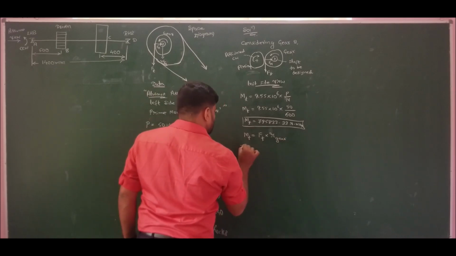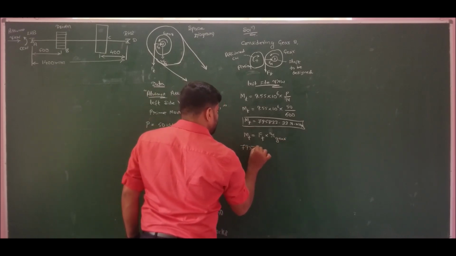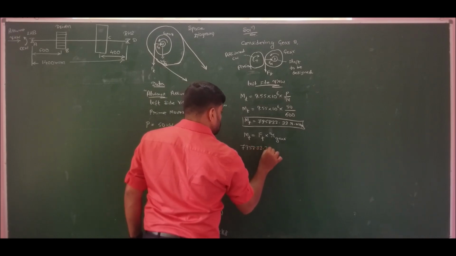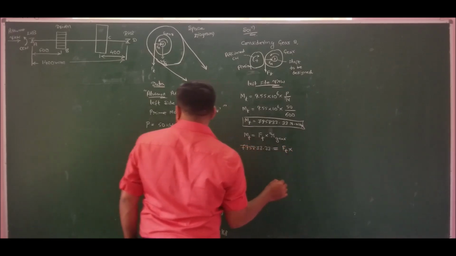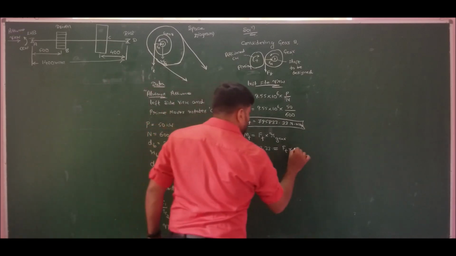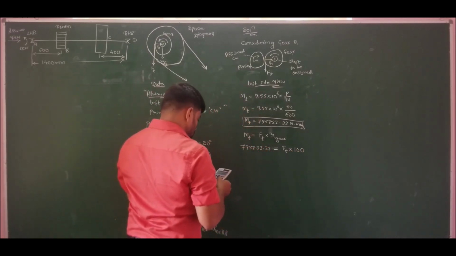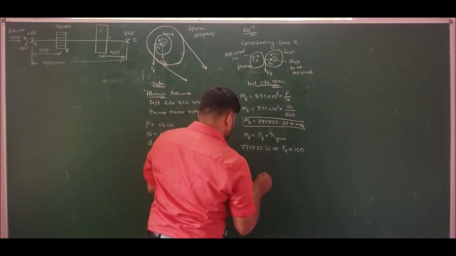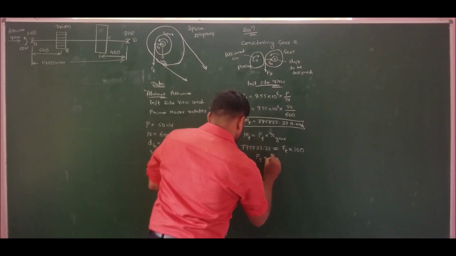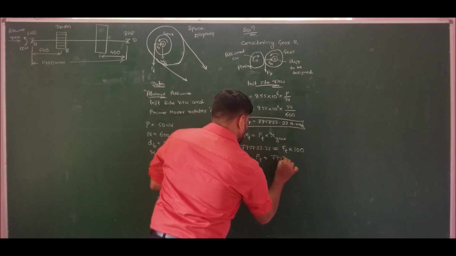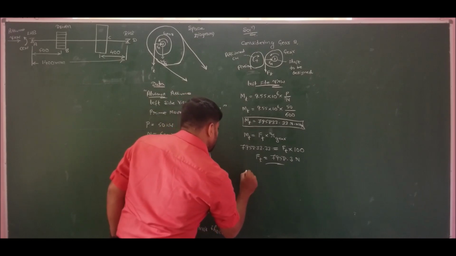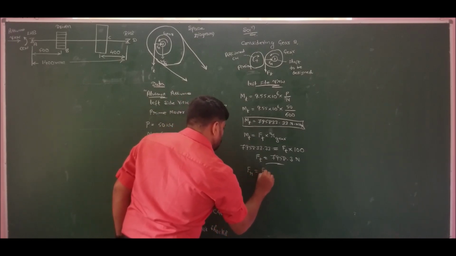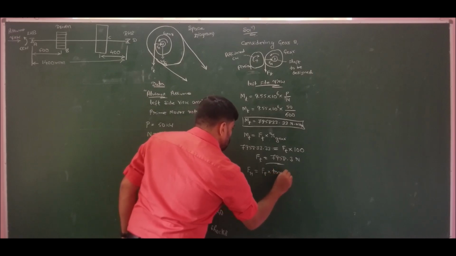Mt is known, 795833.33, which is equal to Ft into the radius of the gear, 100, because the diameter is 200. I'll get the value of Ft as 7958.3 newtons.